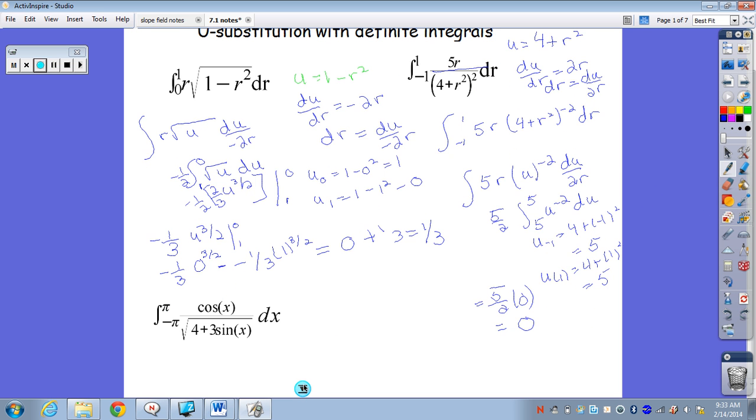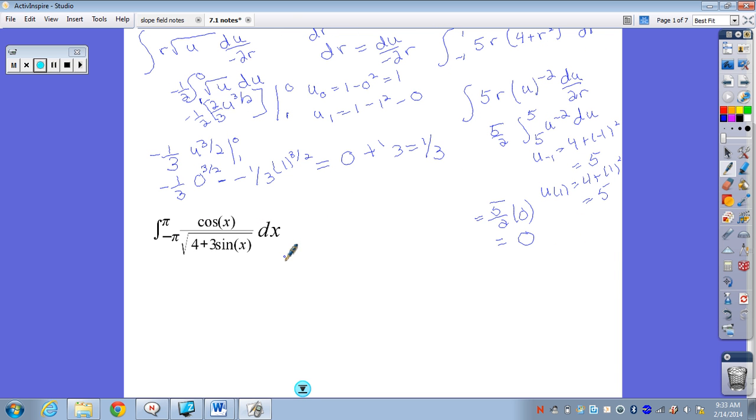And then for the last one, we have cosine of x divided by the square root of 4 plus 3 sine of x. So I'm going to rewrite my function so that I bring the denominator to the numerator. So it's going to be 4 plus 3 sine of x to the negative 1/2.